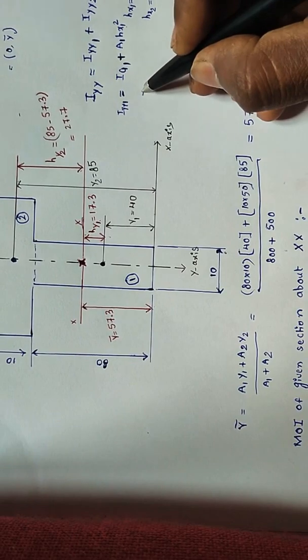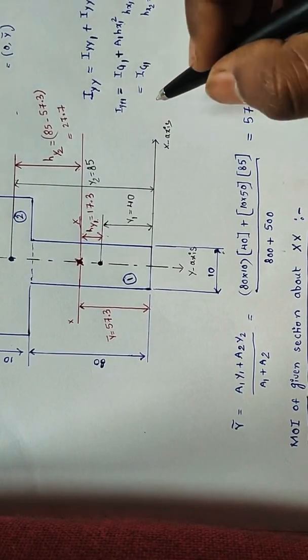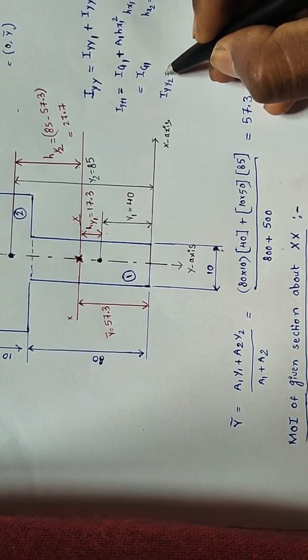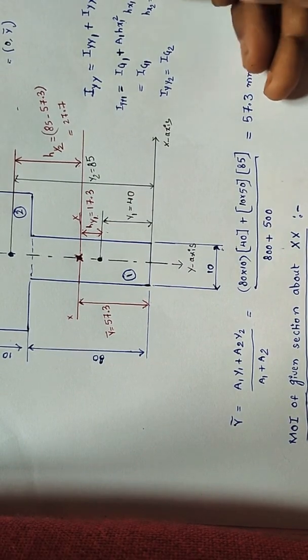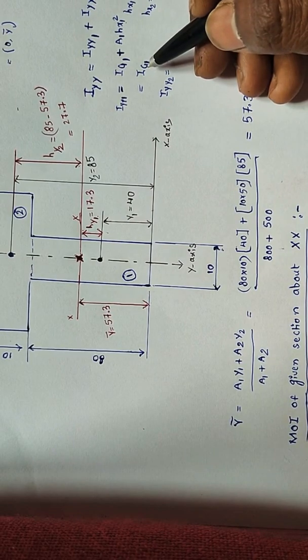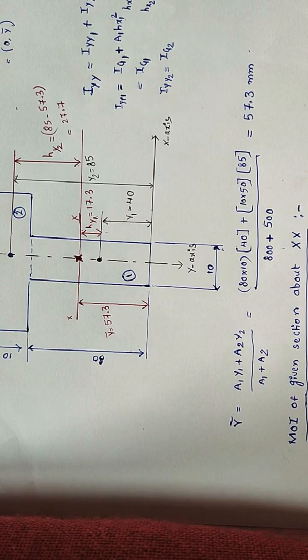So Iyy1 will be equal to Ig1. Similarly Iyy2 will be equal to Ig2 because hx2 is 0. So Ig1 means moment of inertia of first element about its centroidal axis.